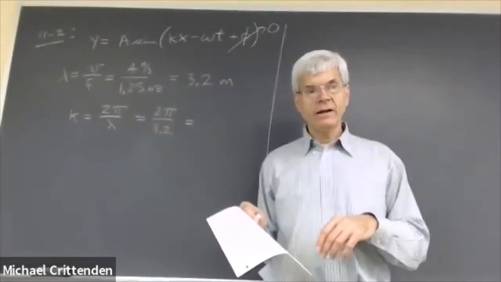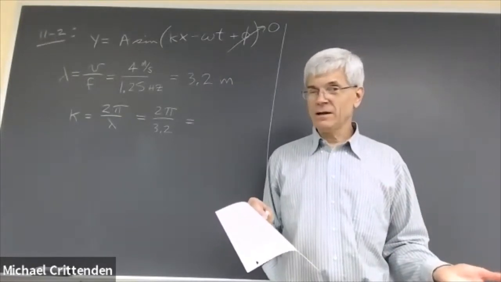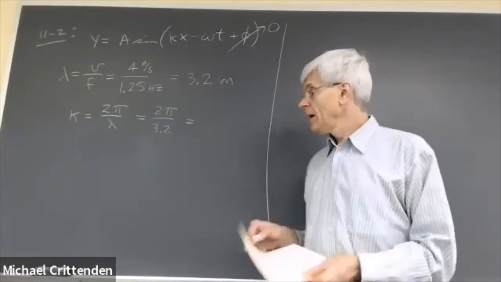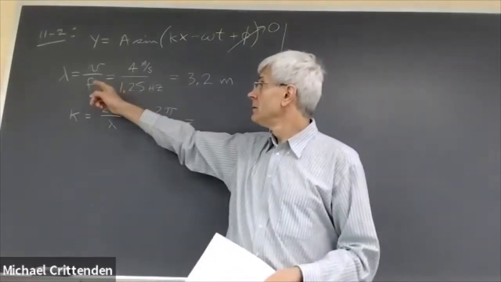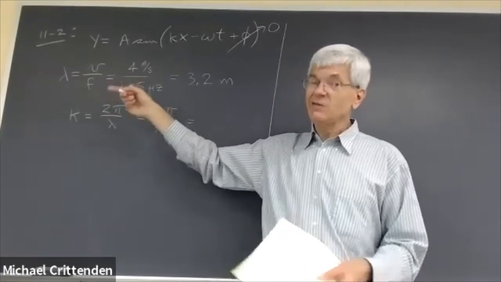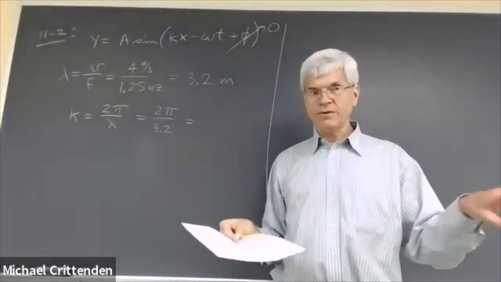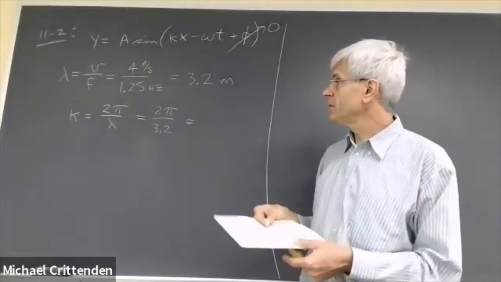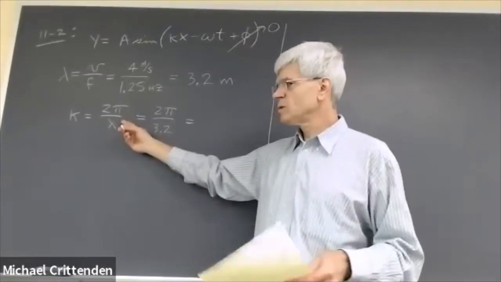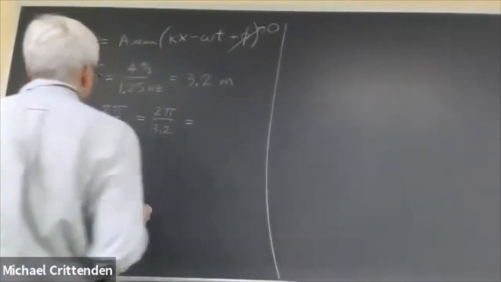It's kind of like if you don't know F equals ma, you don't really know anything about mechanics. And if you don't know v equals f times lambda, you don't really know anything about waves. Those types of things I leave off of the formula sheet, but I'm just about certain that you can look this one up on there, the 2 pi over lambda.